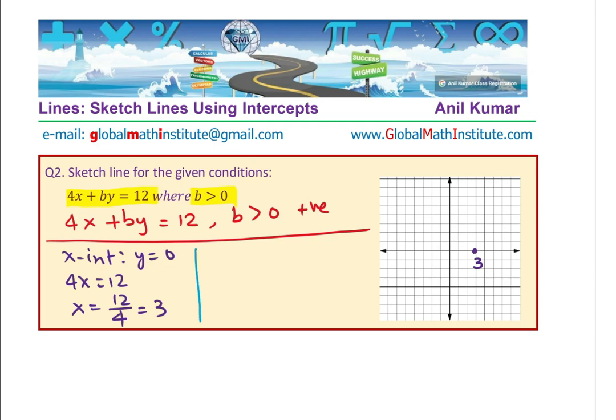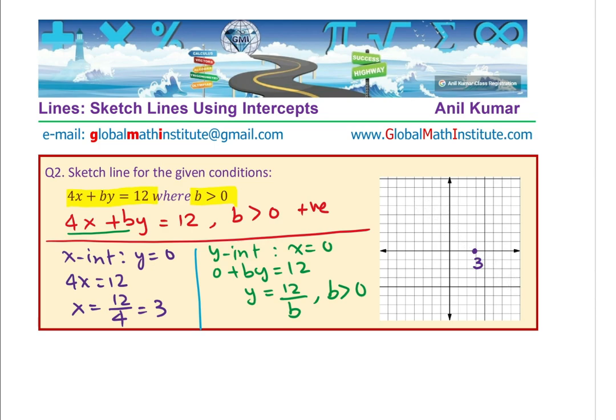Now, let's find the y-intercept. To find the y-intercept, what should I do? I'll put x equals 0, right? So, y-intercept means x is equal to 0 in the given equation. So, 0 plus by is equal to 12. And now, y is equal to 12 over b. Now, since b is greater than 0, meaning positive, this y-intercept should be positive, right? It could be anywhere on this part. You get the idea. So, the graph will be going downwards, correct?